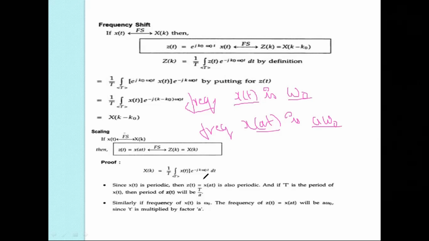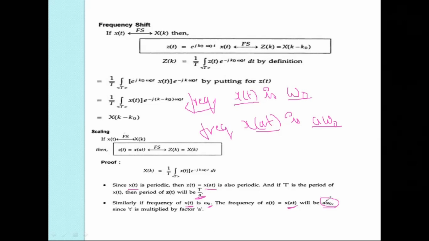This is very, very important. When x of t is periodic, and z of t is x of at, the period is T by a. If omega naught is the frequency of the x of t signal, for x of at it will be a into omega naught.